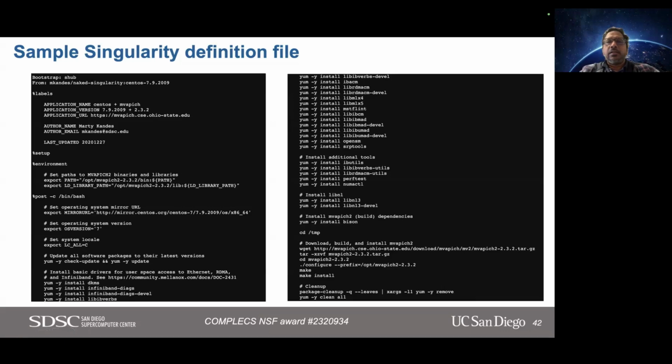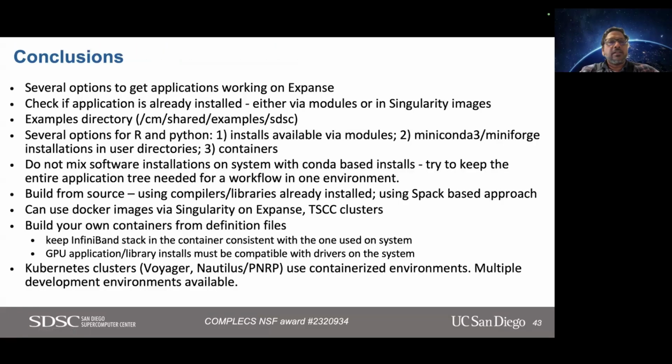And then we are installing some additional tools that are needed. And then we essentially wget the MVAPICH2 source, because this is an open source MPI implementation, and configure and make to create the MPI install within the container.